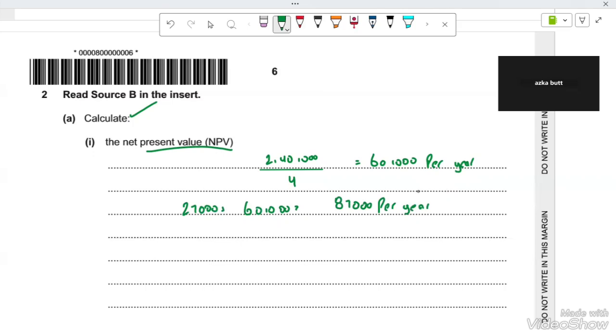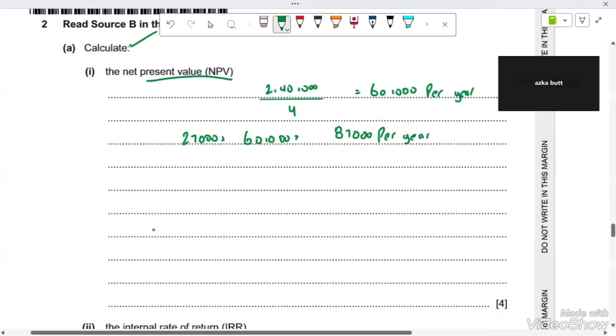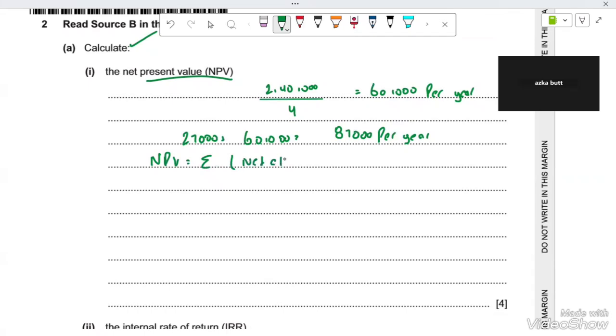Now let's apply the formula for NPV: the summation of net cash flow divided by (1 plus r) to the power of t, minus the initial investment.